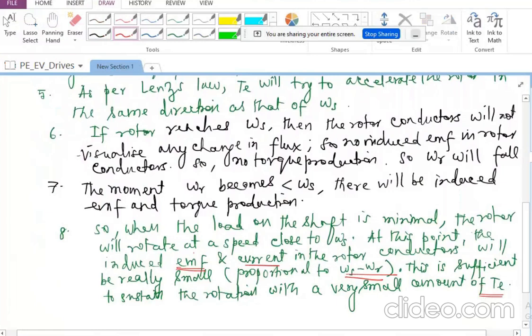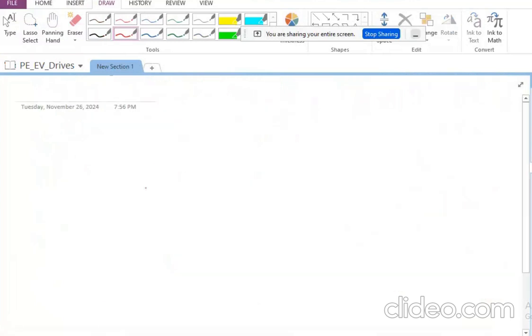And that is automatically balanced by higher torque production, which is resulting from a reduction in the rotor velocity. That's what happens in an induction motor. Okay. So let us try to quantify exactly how the torque production can be put in the form of an equation. That's what we are going to look at.